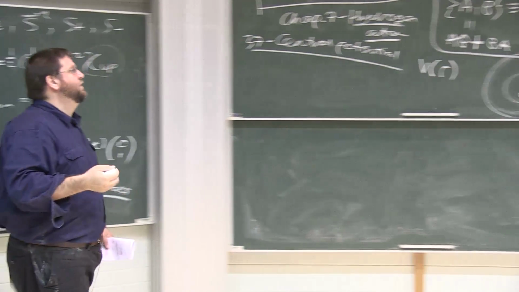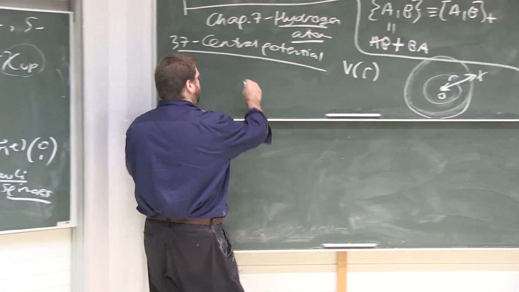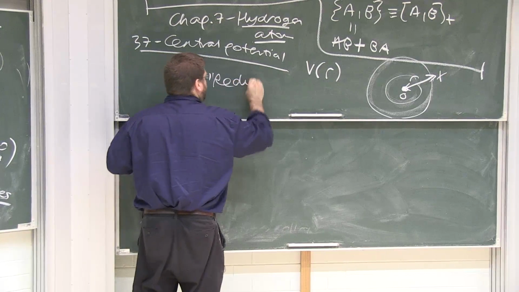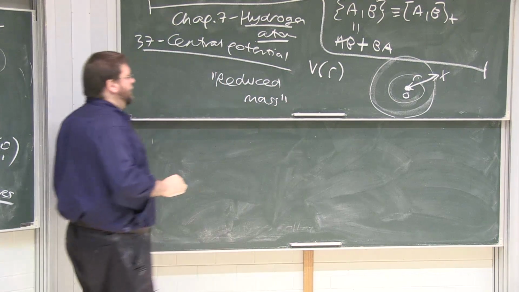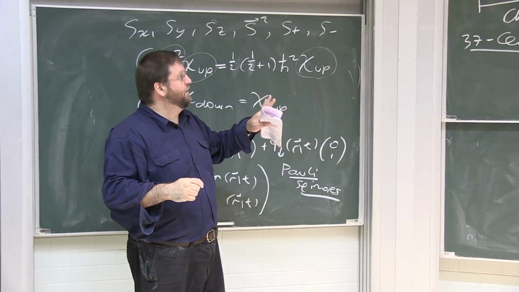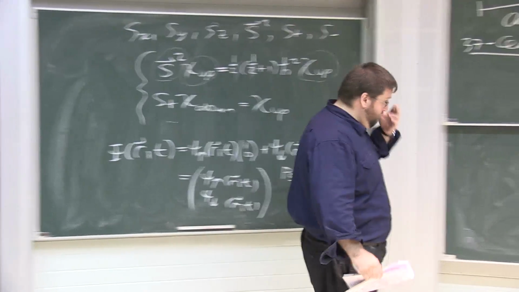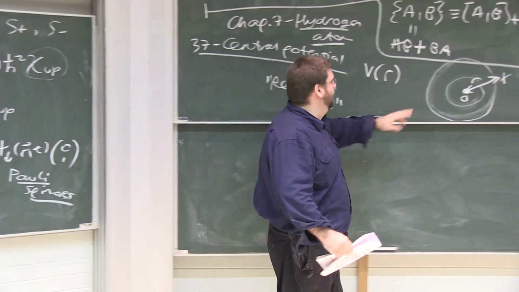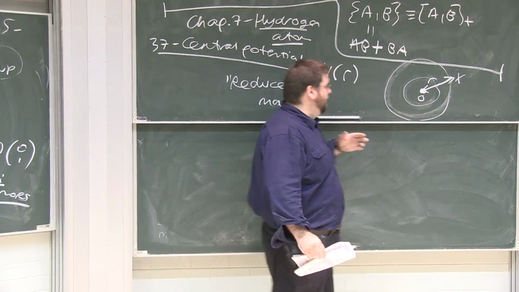If you want to get beyond that assumption, it's actually surprisingly simple to do so. You introduce the concept of reduced mass, and the mathematics that follows is very, very similar. To avoid the slight complication of reduced mass, I'm going to assume, which is a good approximation, not a superb one, but a very, very good one, that the central nucleus, or the source more generally, of the potential is immobile.